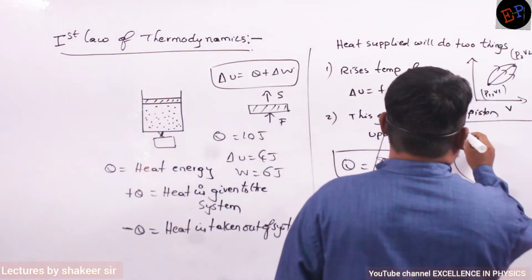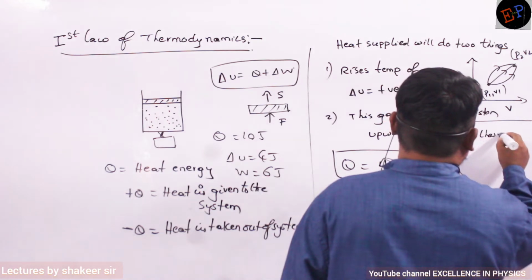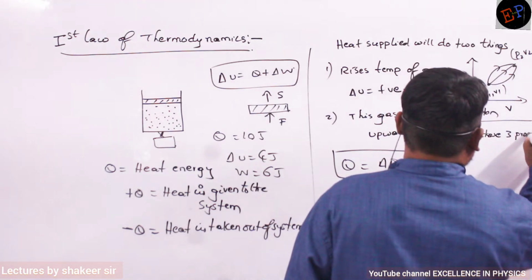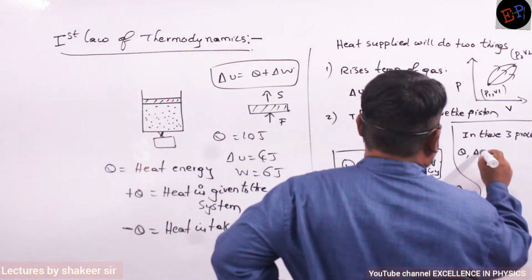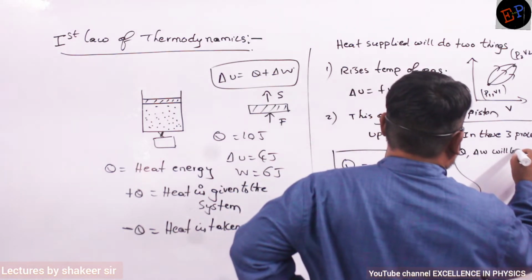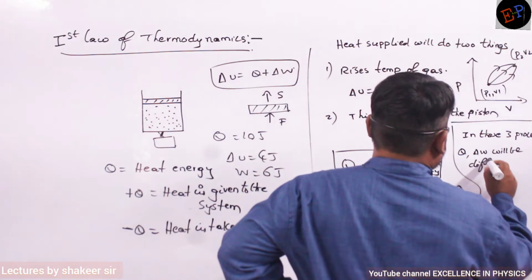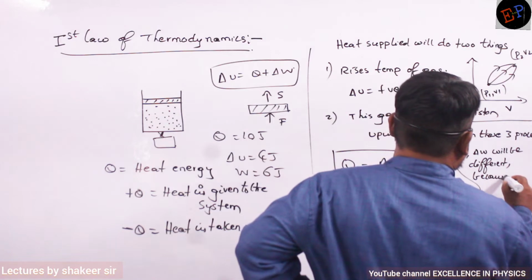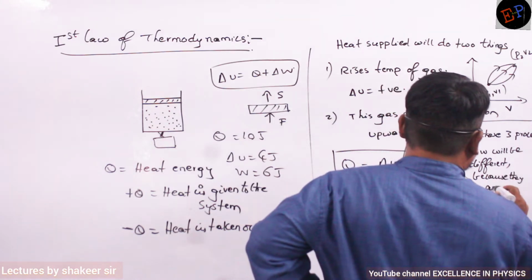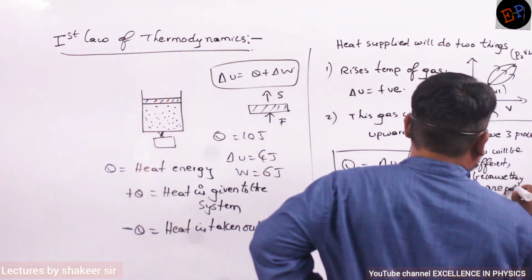So in these three processes, Q and delta W will be different, because they are path functions.